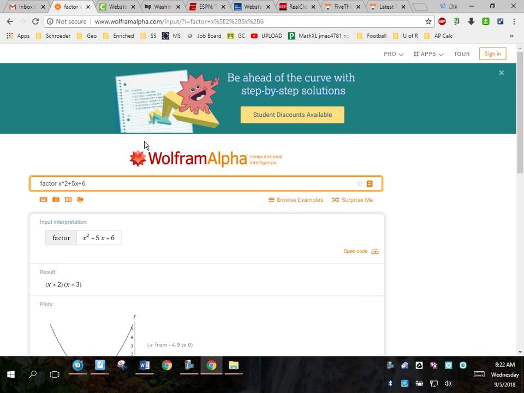And it works on cell phones. They actually have an app that makes it even a little bit easier. But that's a way to check your answers on any of them if you get stuck. You go, oh, there was a GCF in there, maybe I didn't see. Or that answer means it probably looked like something different.